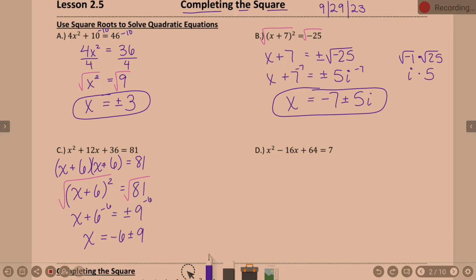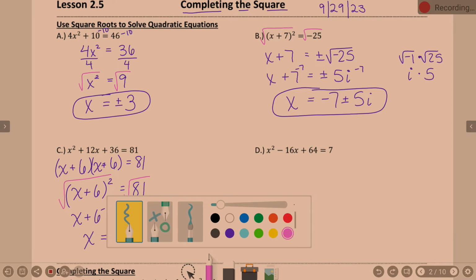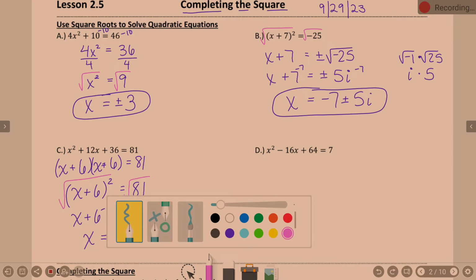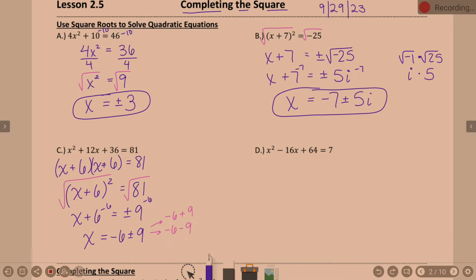We're going to be looking at -6 plus 9 and -6 minus 9. -6 plus 9 is 3. -6 minus 9, -15. So we have two answers of 3 and -15.